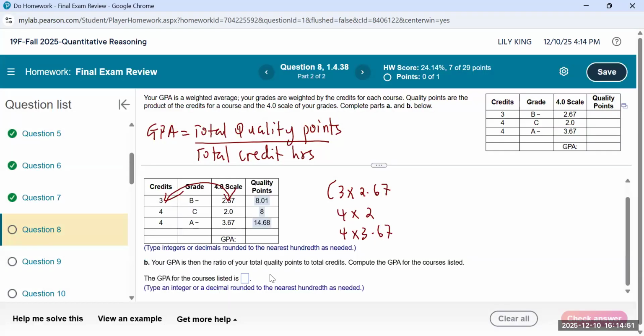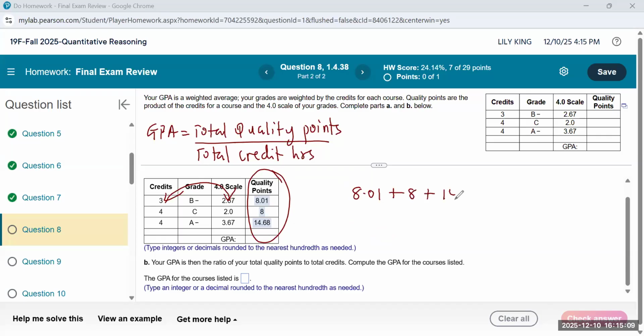Then to find the GPA, you add up all the values under the quality points. We have 8.01 plus 8 plus 14.68, and then divide by the total number of credit hours. This is 3 plus 4 plus 4.